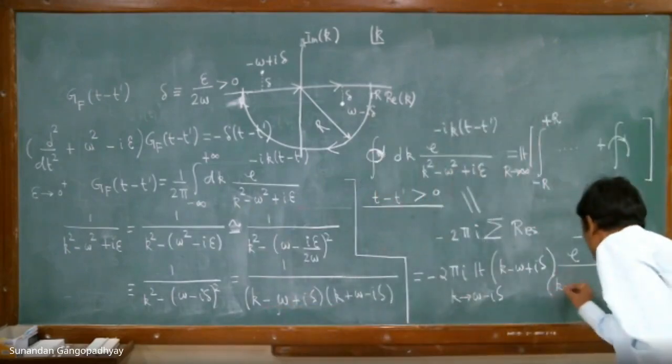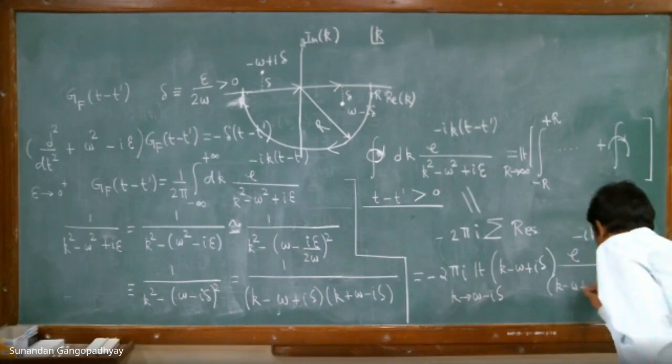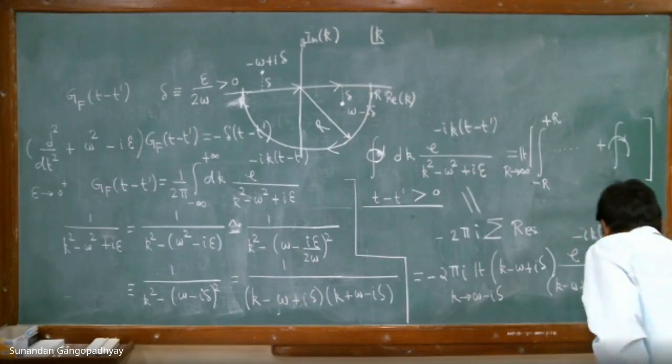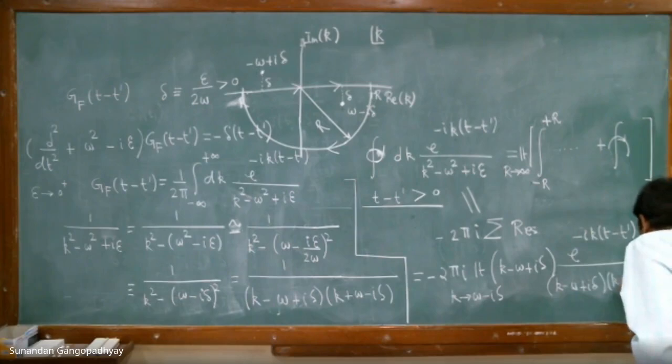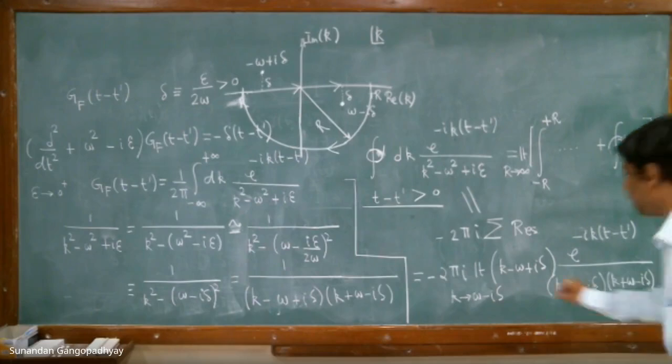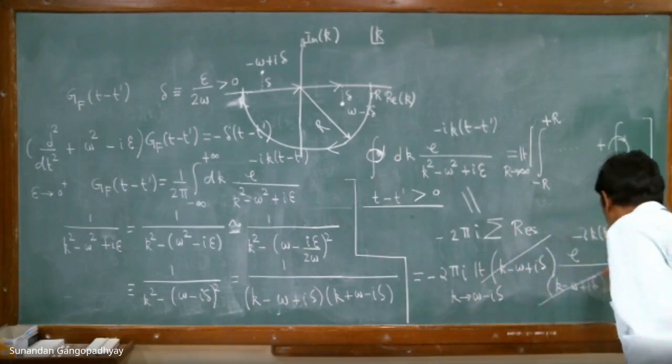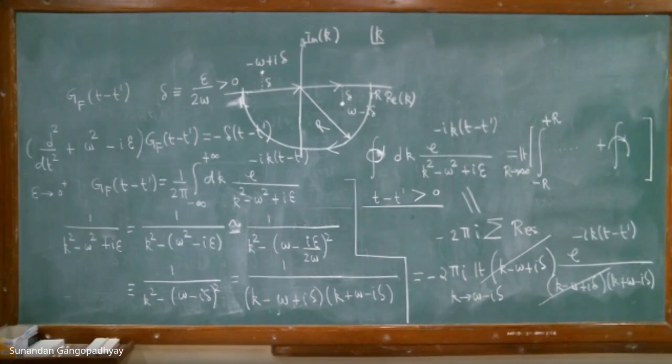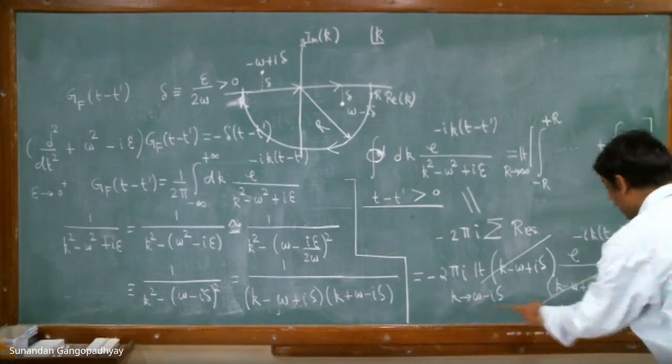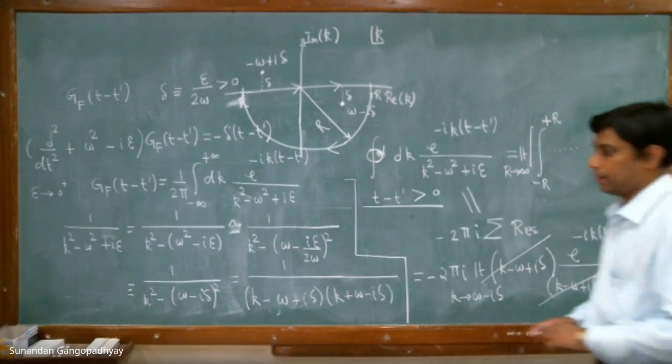So this gives us k minus omega plus i delta times k plus omega minus i delta, right? And now you can see that this factor cancels away, and you just need to put k equal to omega minus i delta in this term.